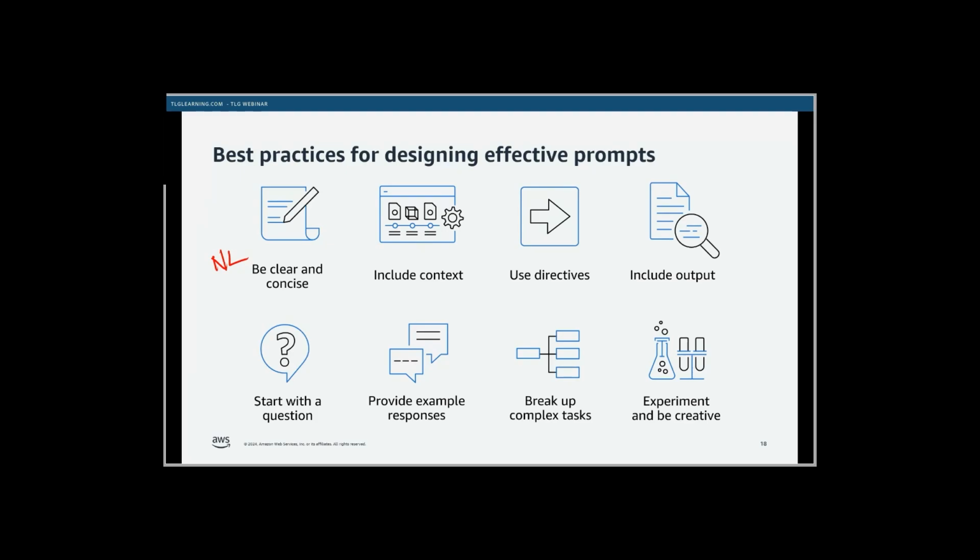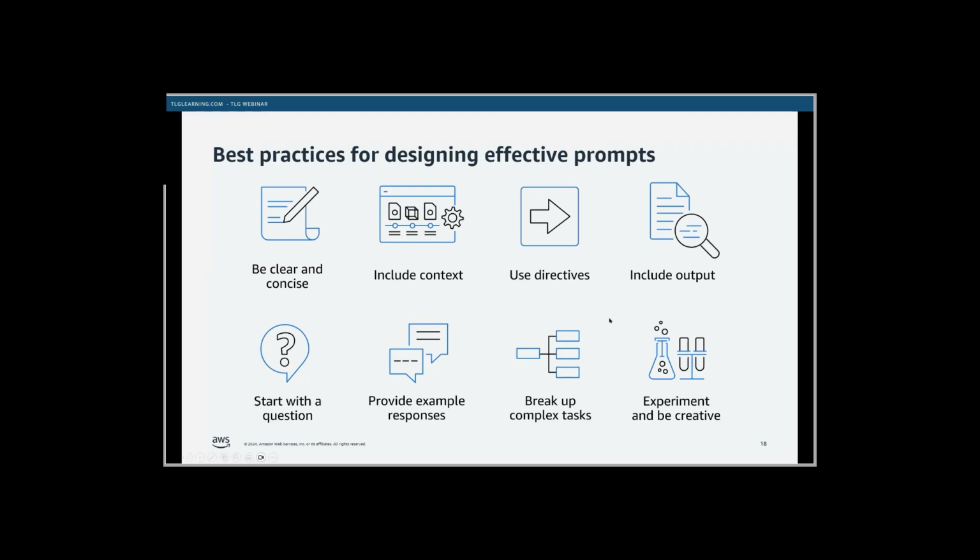Include context if needed, information like we saw about the type of store in that previous example. Include information about maybe the type of business if you're asking the model to analyze some business results or analyze what a business does.